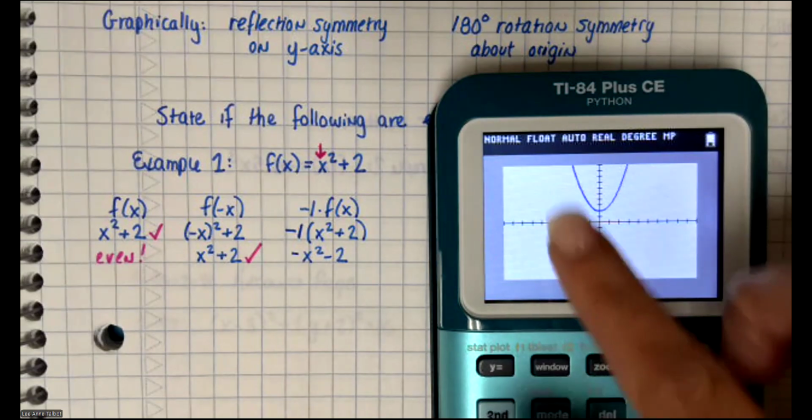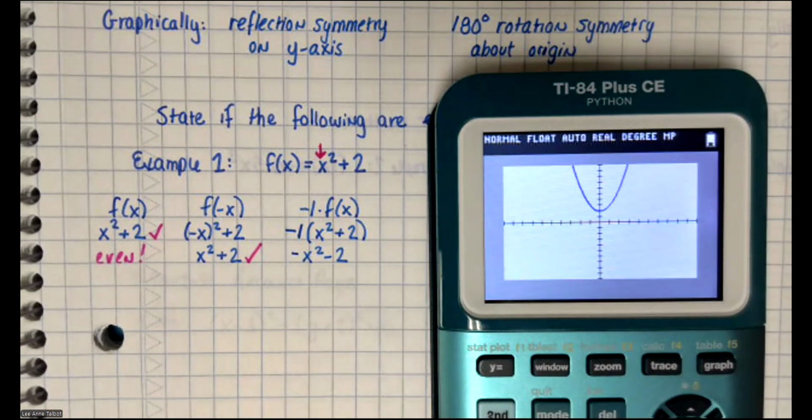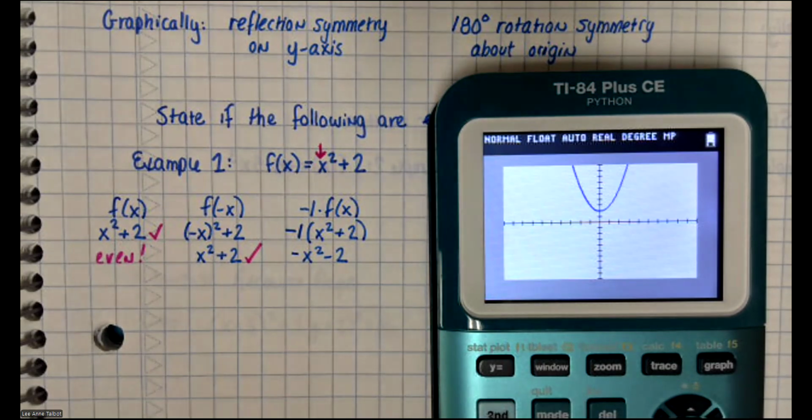If your zoom is different from mine, you can hit zoom 6 and it will give you the same screen as me. Didn't work? What did it say? Are any of your plots on?